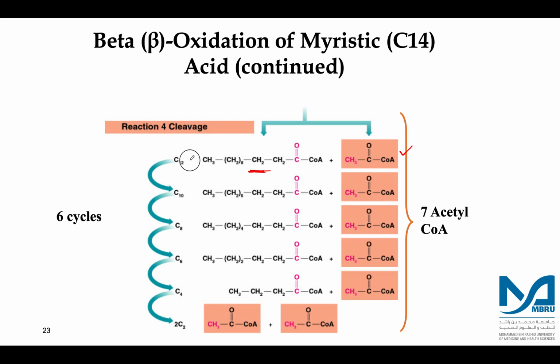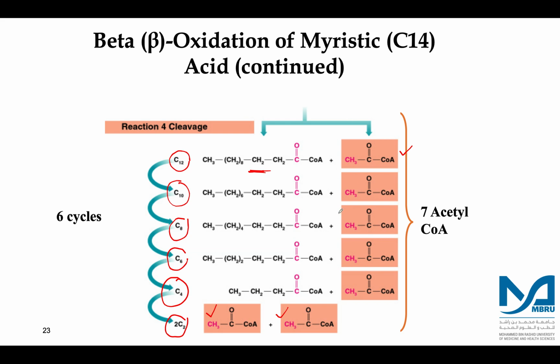So from C14 I go down to C12, then in the second beta oxidation cycle from C12 I go down to C10. In the third one we go from C10 to C8. In the fourth one C8 to C6, and then in the fifth one C6 to C4, and in the sixth one, of course, we will go down to 2 acetyl coenzyme A molecules. The reason being, at the end we will have no more fatty acyl coenzyme A remaining.